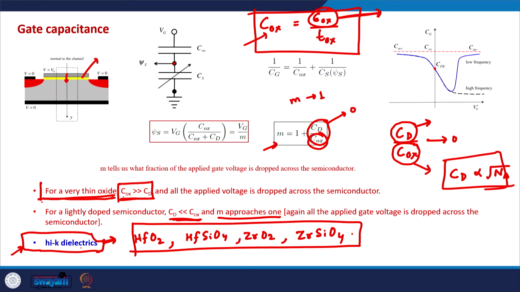Apart from having a better body coefficient, these high K dielectrics are also useful to make smaller or miniaturized devices, because as we miniaturize the MOSFET, the oxide thickness also needs to be made smaller in order to have a better current.